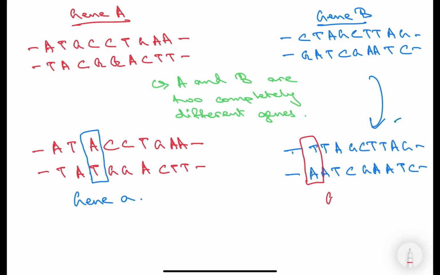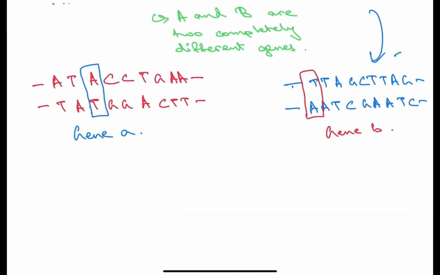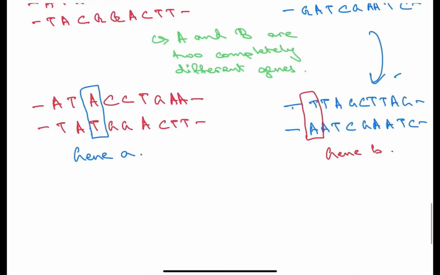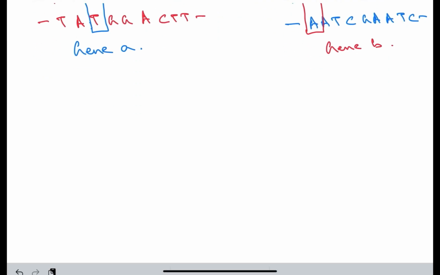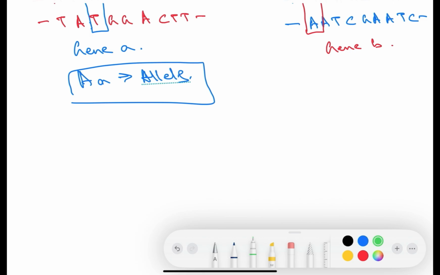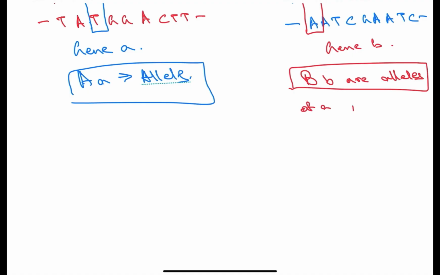So this will be gene B, small b, and we can say from here that capital A and small a are alleles, as well as capital B and small b are alleles of a gene. Fine.